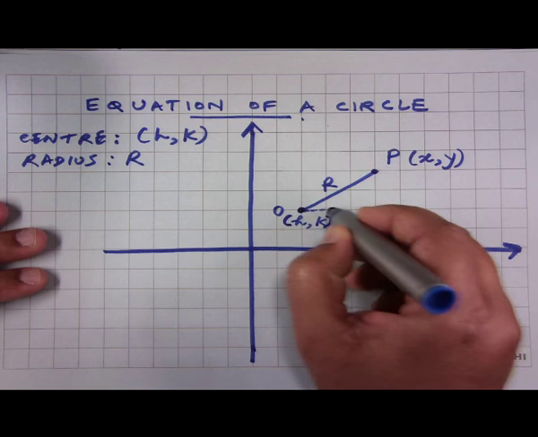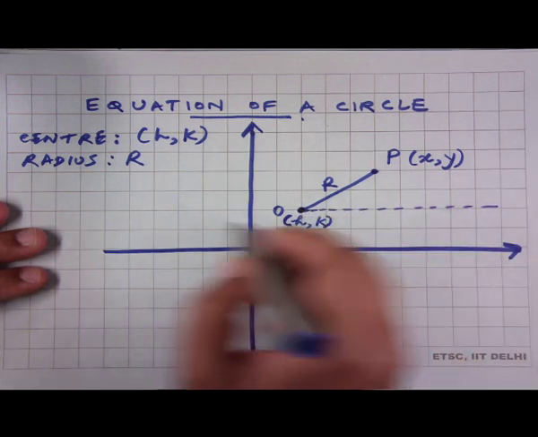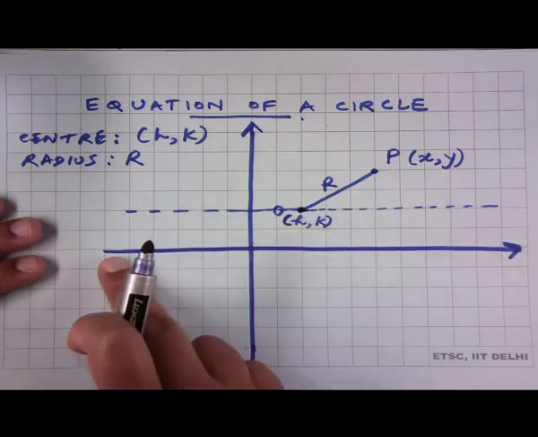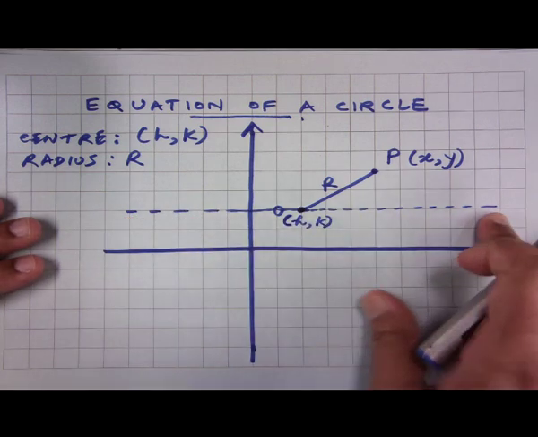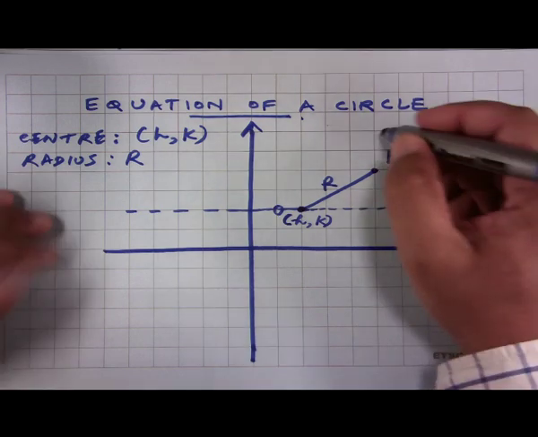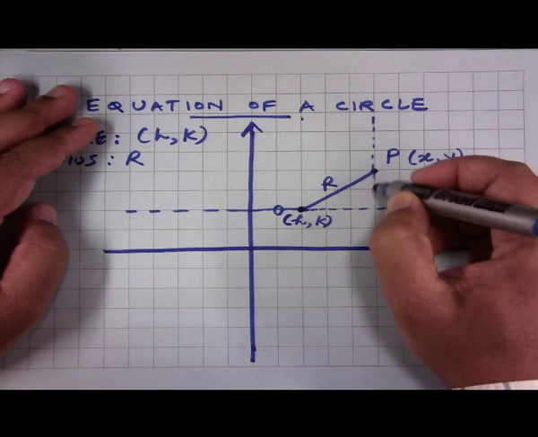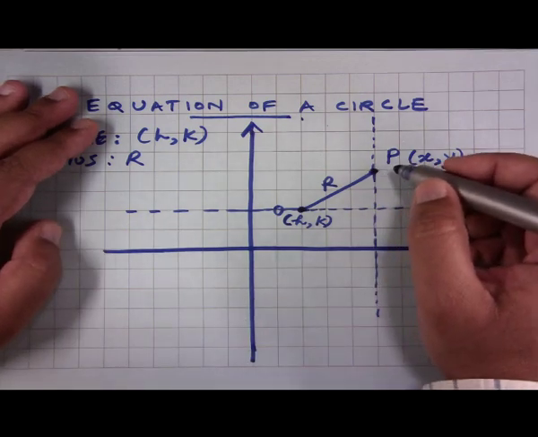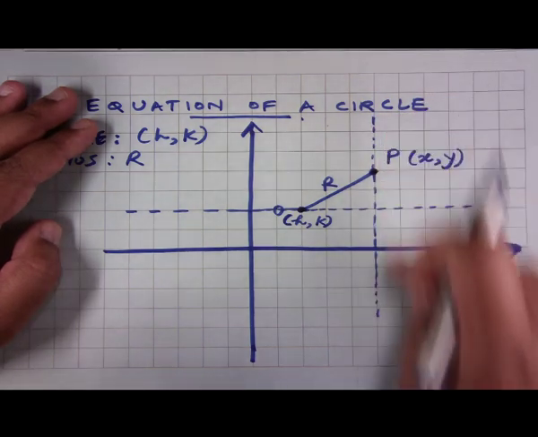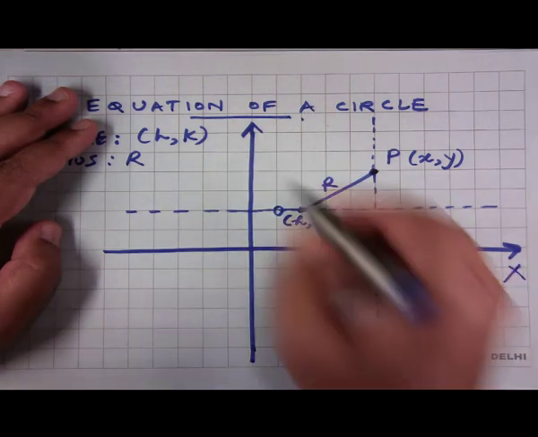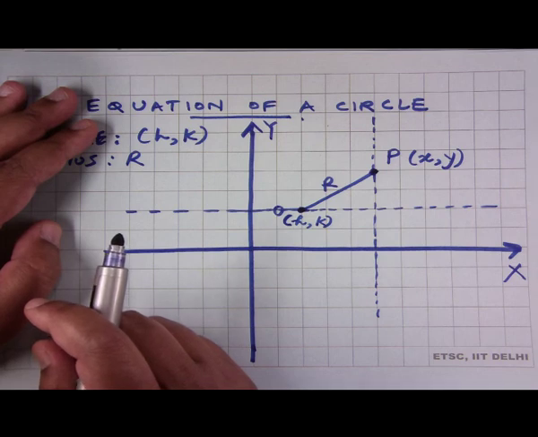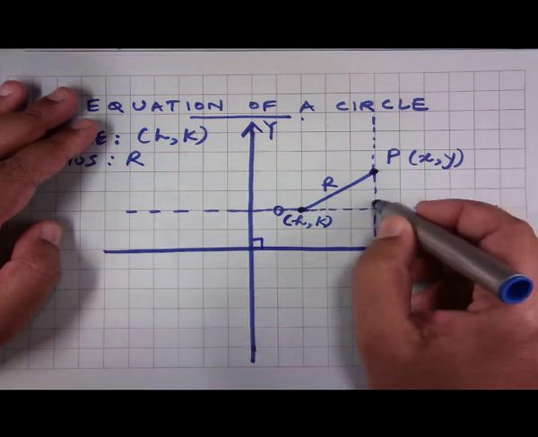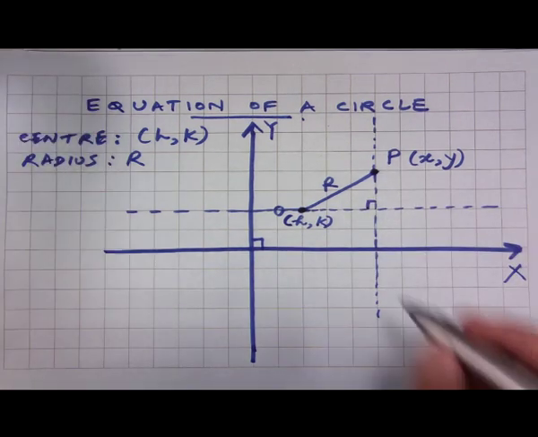Let us draw a horizontal line passing through the center O. So, obviously, the x axis and this line are parallel now, and we make a vertical line passing through point P. Obviously, this vertical line and the y axis are parallel, and because the x and y axis are at 90 degrees, it is easy to see that this angle is also 90 degrees.